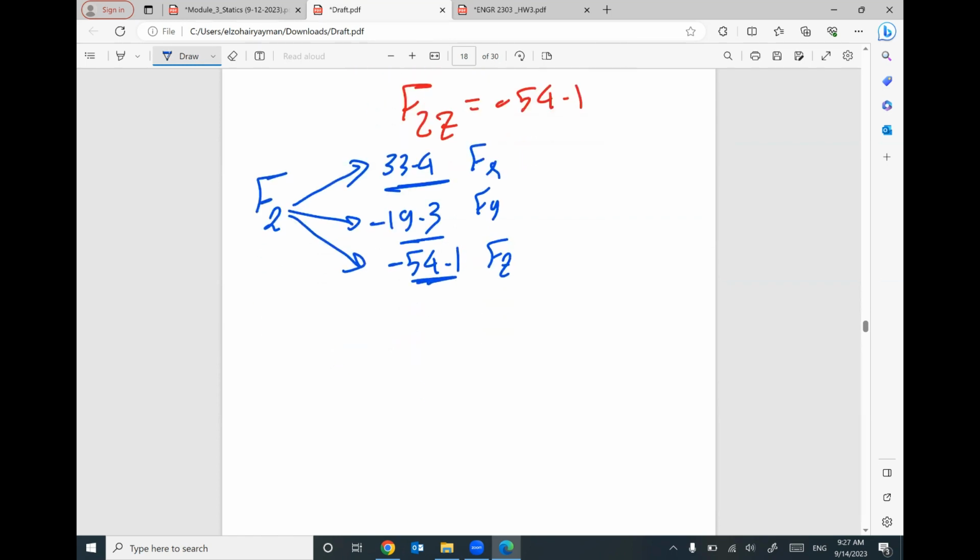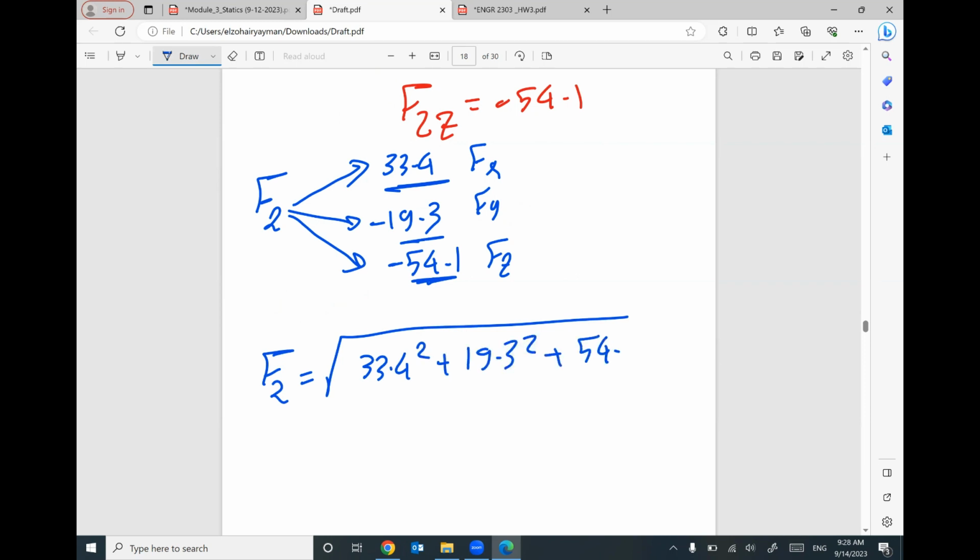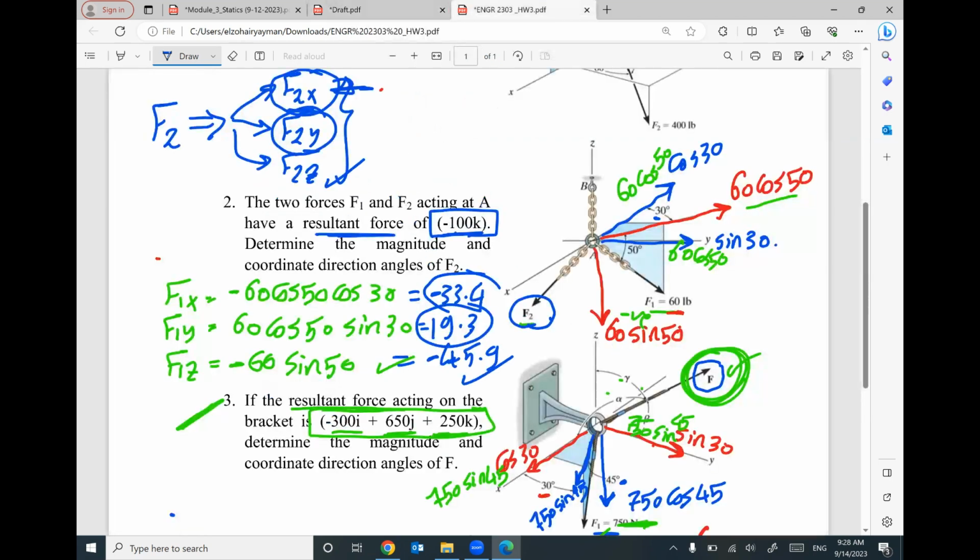If you would like to figure out your force itself, F2 as a force equals the square root of 33.4 squared plus 19.3 squared plus 54.1 squared. You can get your force. Your force will be 66.4 pounds.